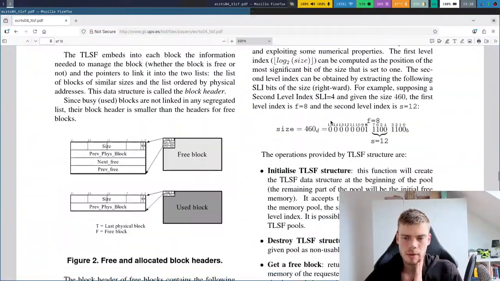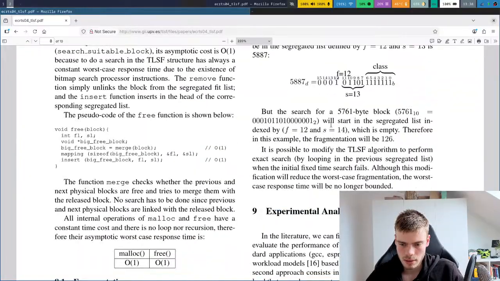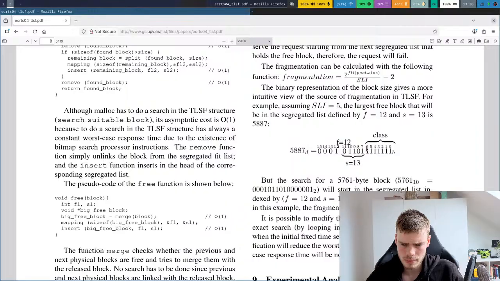And right now I'm trying to understand what they mean with this. Probably a minor detail, but yeah.